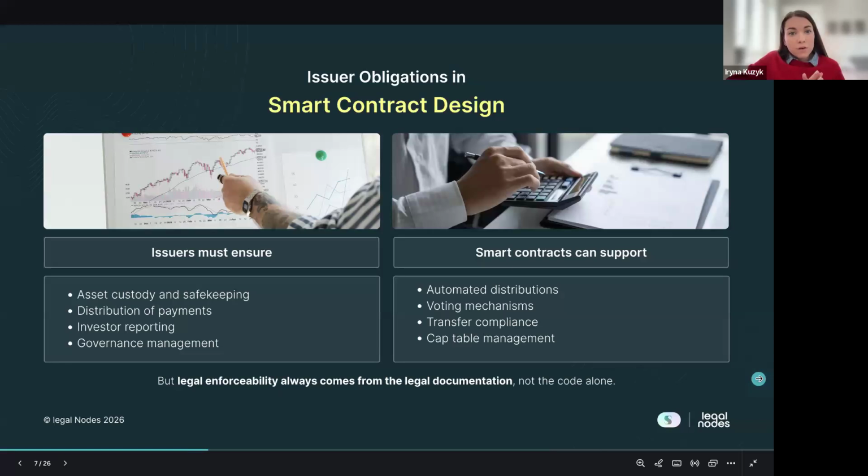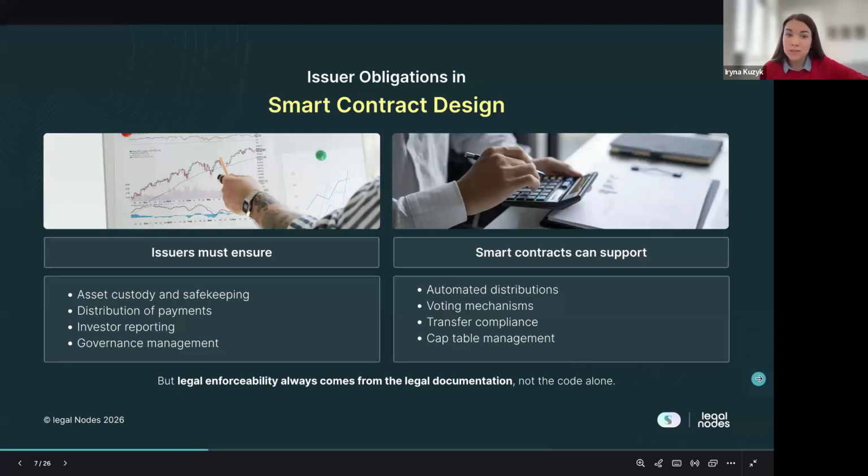And finally, tokenization does not remove the responsibilities of the issuer. Issuers still have to manage the underlying asset, distribute payments, provide information to investors.